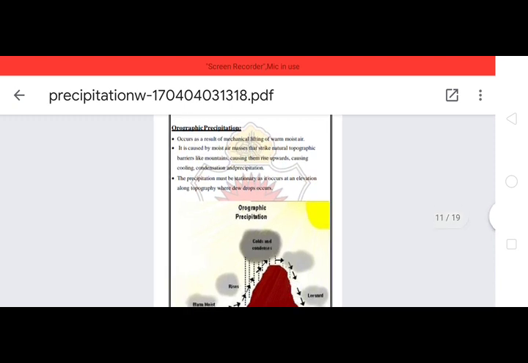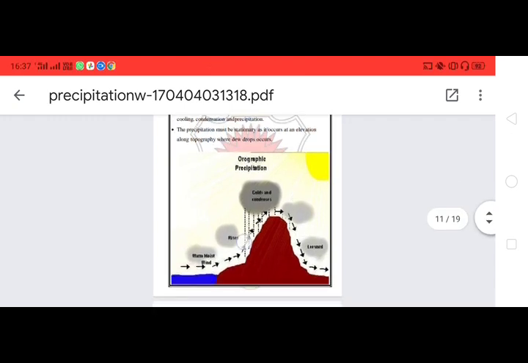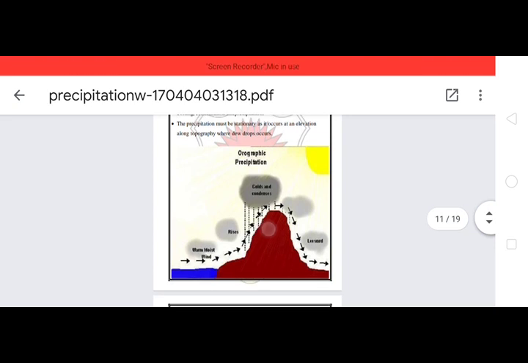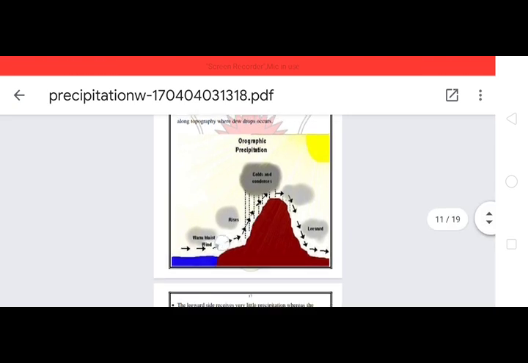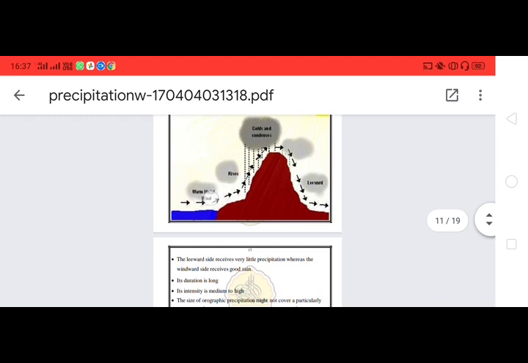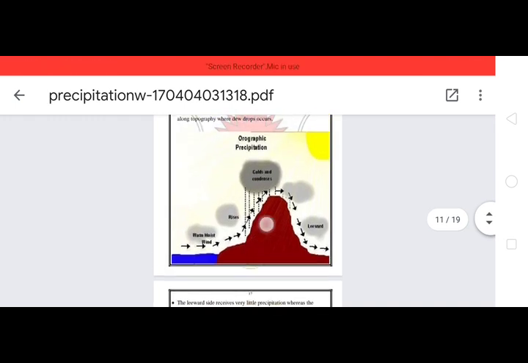So up to a certain height, condensation occurs and precipitation occurs as well. So this area is the windward direction, as the warm air is going towards the hill. So this is the windward direction, and this is the leeward direction.